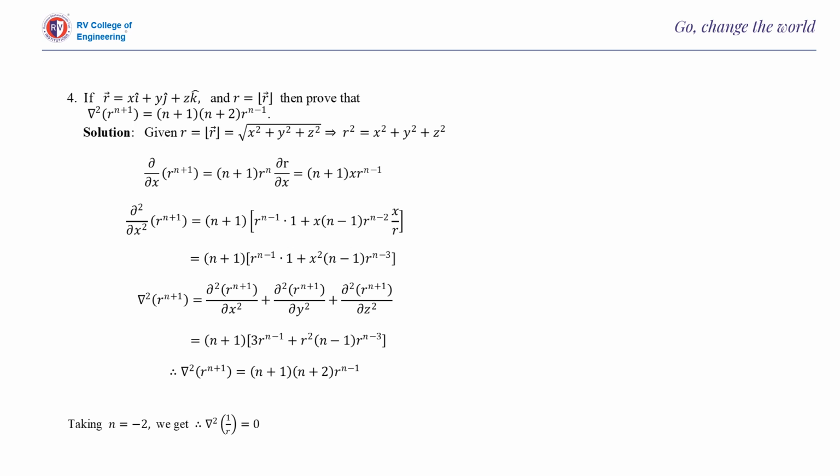And for the second, keeping x constant, when you differentiate r to the power of n minus 1, it is (n minus 1) into r to the power of n minus 2, multiplied with x by r. Thereby we get (n plus 1) of r to the power of n minus 1 plus x squared into (n minus 1) r to the power of n minus 3.